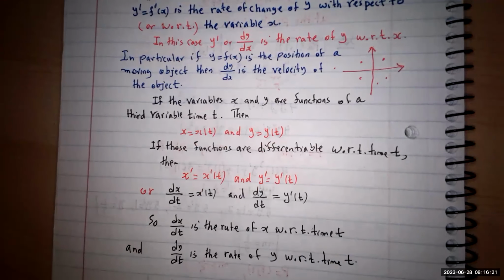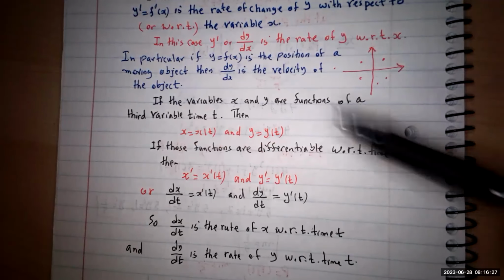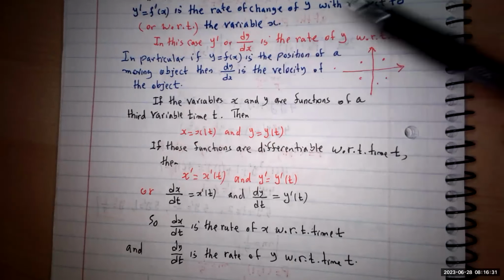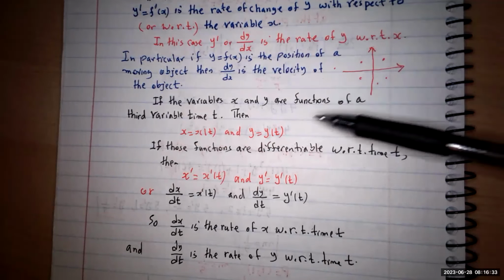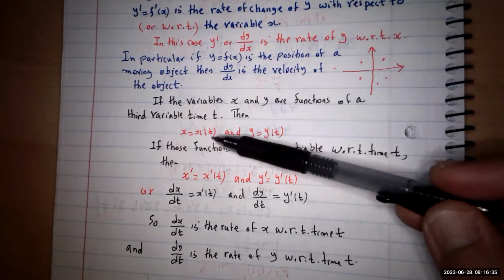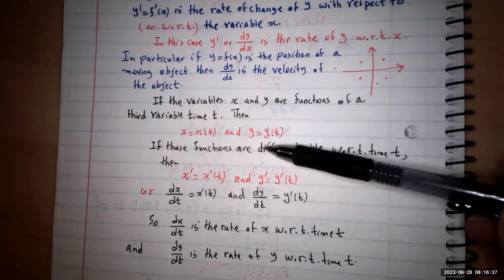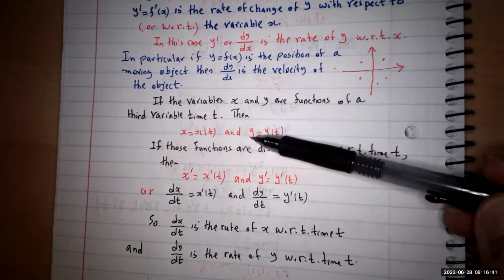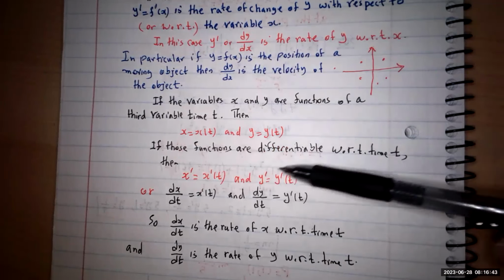So far you have three types of rates. Originally you have dy dx, the rate of y with respect to x, the ordinary derivative. But if you assume the variables are functions of time, they can have a rate or derivative with respect to t.